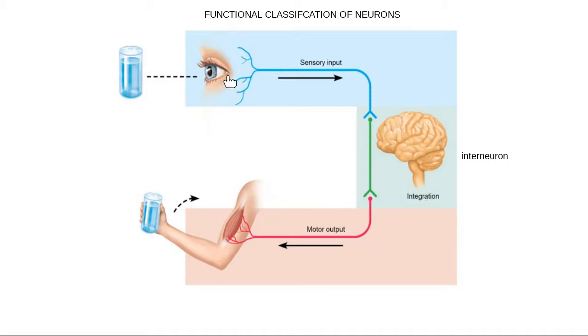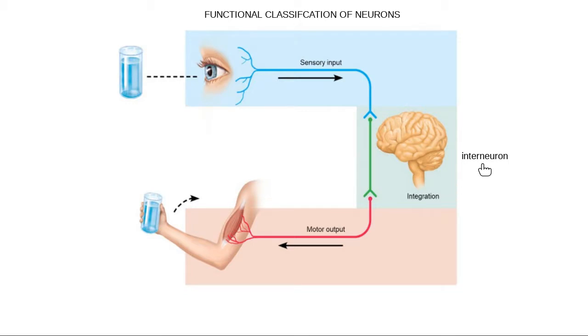In this case, your eyes are collecting a bunch of information that there's a cup of water in front of you on the table. Your eyes see this. They don't know what it is. They don't know what to do about it. They send that information up to the brain, where my interneurons collect it and process it and figure out, I should pick up that cup of water.